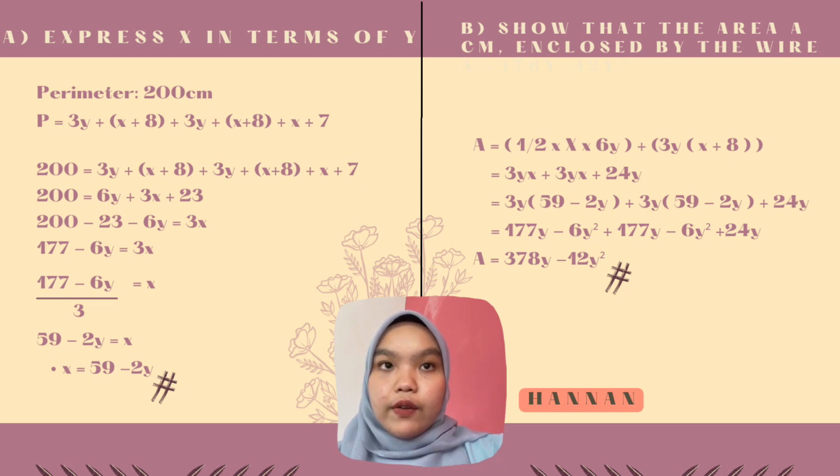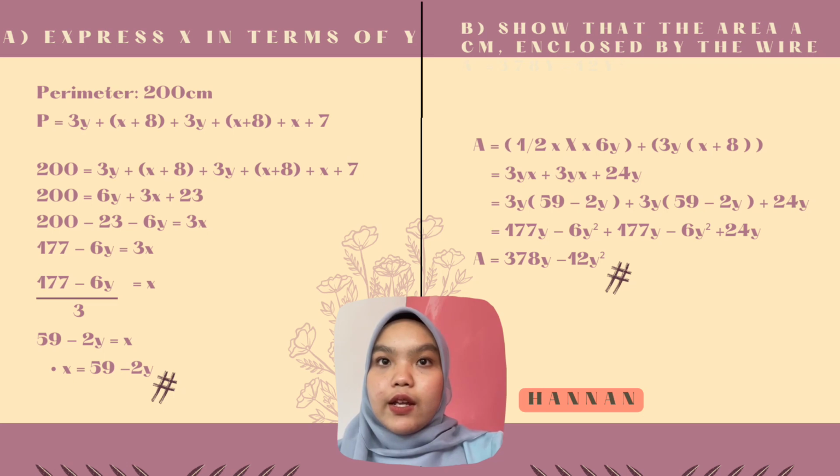And then if we want to express x, we take the y to the other side, which is 200 minus 23 and minus 6y, and then equals to 3x. And then if we need the x to be single, we move the 3 to the other side, which is 177 minus 6y divided by 3, and then equal to x. And then the x is 59 minus 2y.